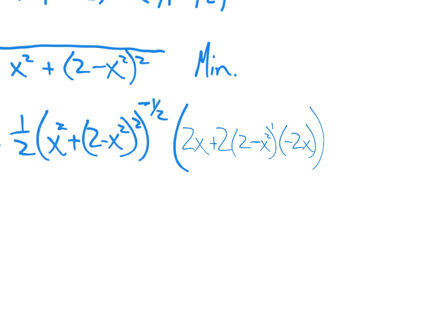Now, some of you I saw had actually FOILed the (2 minus x squared) squared and combined like terms. That may have actually ended up being easier. One thing to be careful with is that you'd have a positive x to the 4th, minus 4x squared plus 1x squared would be a minus.